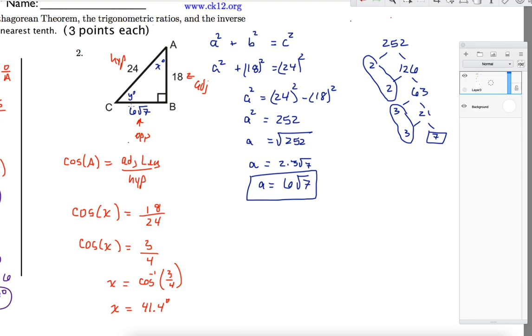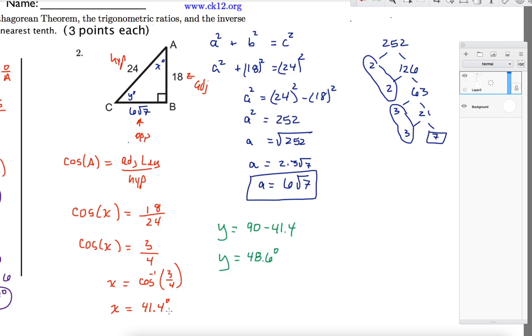And so we know y here has to be the complement of that. So y must be 90 minus 41.4. Okay, so 90 minus 40 would be 50, so 49, 48.6 degrees.